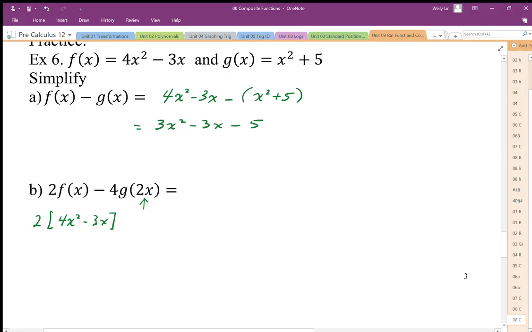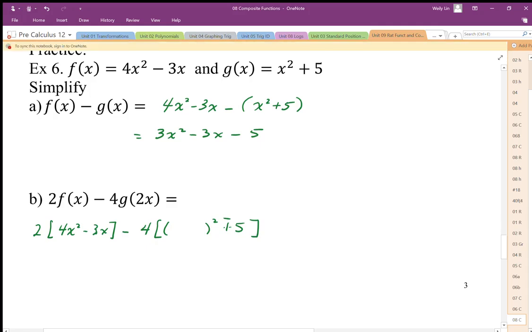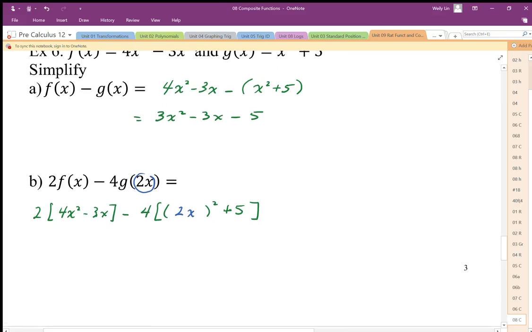That's on the outside, minus 4 times g, which is x squared plus 5. But that is a composite function, so I need to make sure I embed the inside part of that function, 2x, into this expression, and it looks like that.